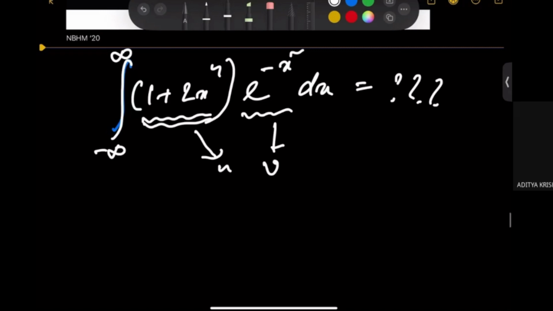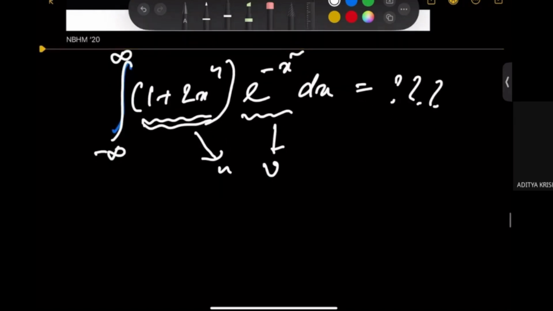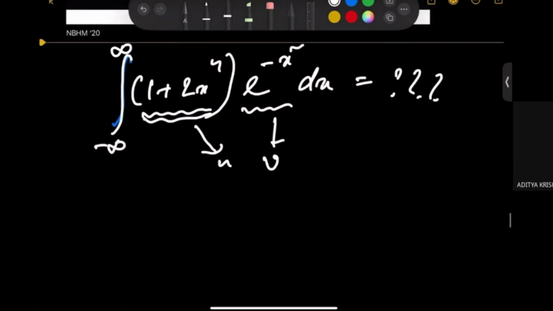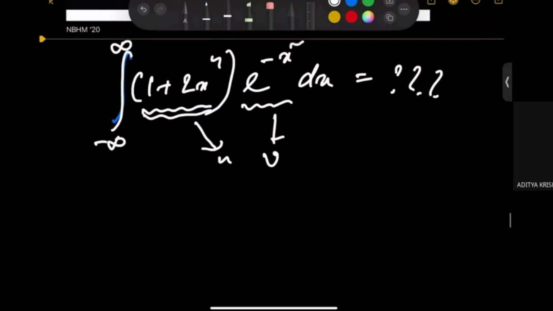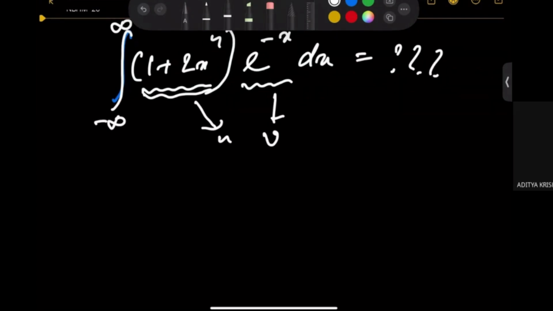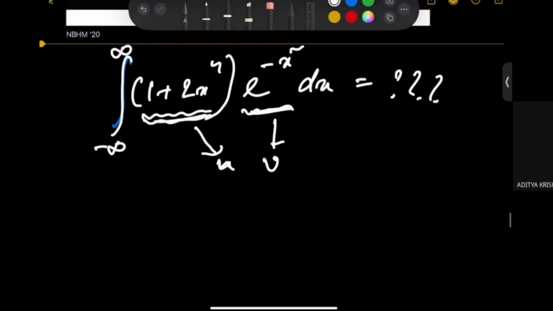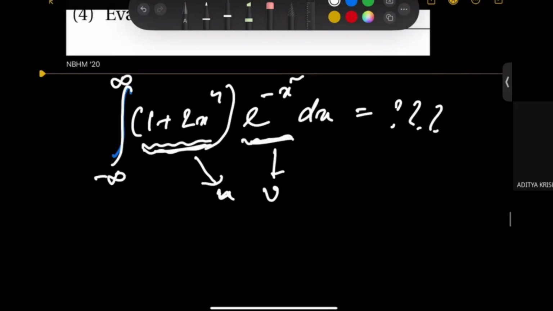Let's check out whether that is going to work or not. I haven't tried the integration by parts for this, but let's try it. If I consider this to be u and this to be v, then I think you should be able to do it.